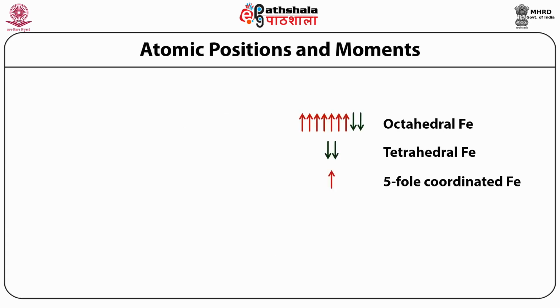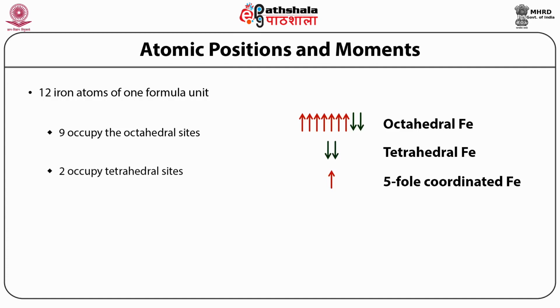The atomic positions and the moments in the case of hexagonal ferrites. Out of 12 iron atoms in one formula unit, 9 occupy the octahedral sites, 2 occupy the tetrahedral sites, and the remaining one is 5-fold coordinated.